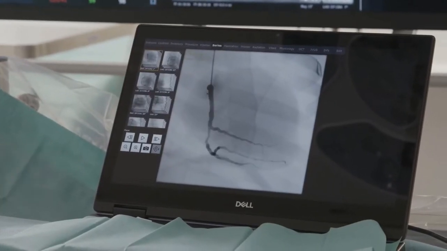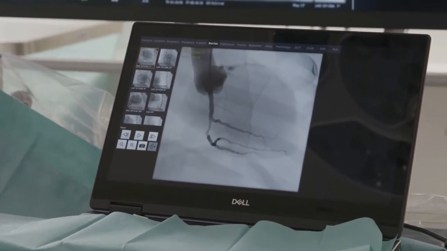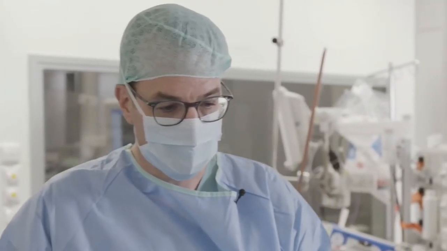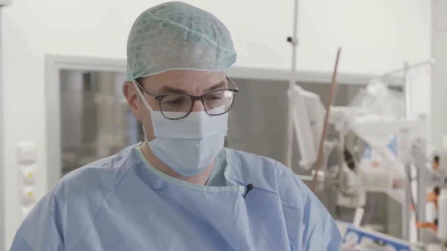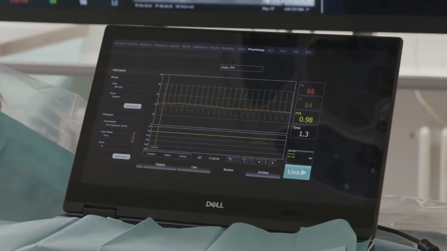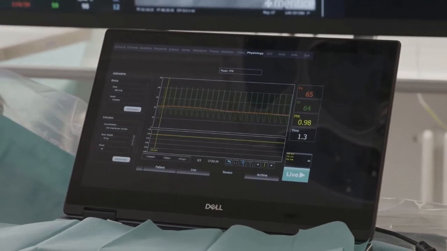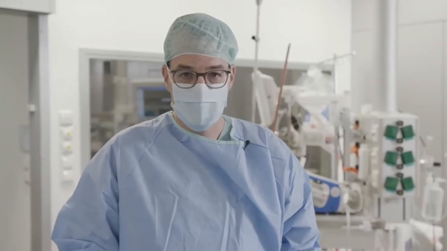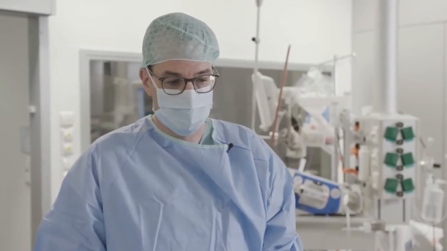And the question is, of course, whether this stenosis is relevant or not. For that reason, for the sake of time, we already did the functional assessment with an invasive FFR. As you can see here, there was an FFR of 0.98, demonstrating that this stenosis is not functionally relevant.